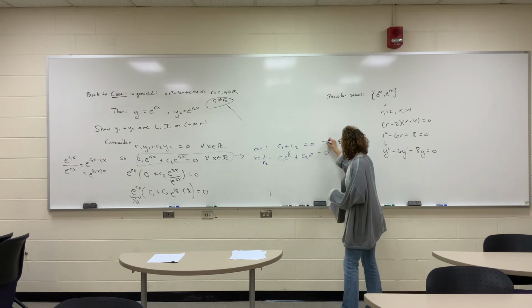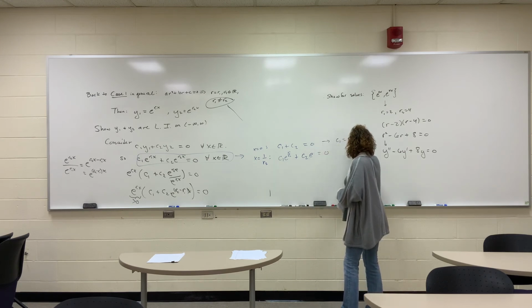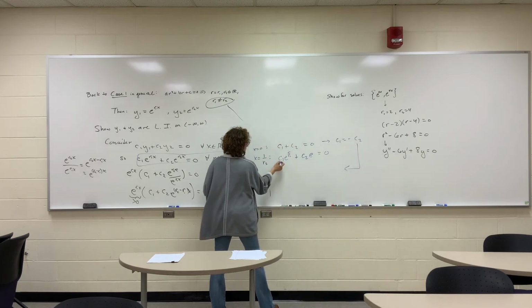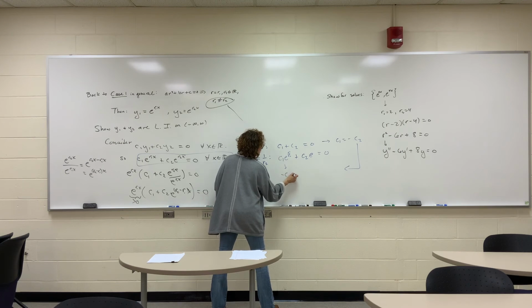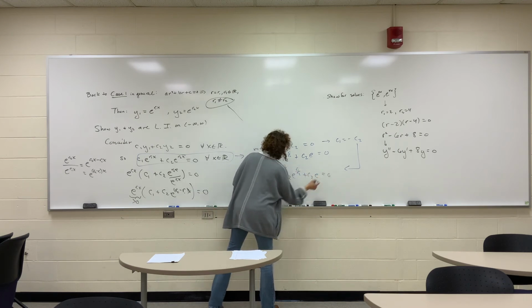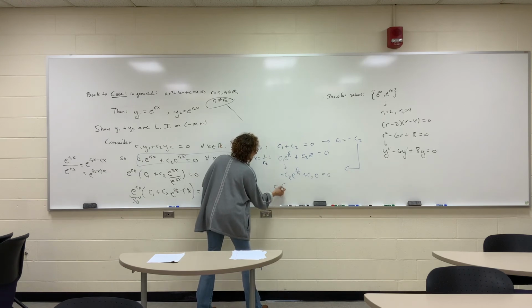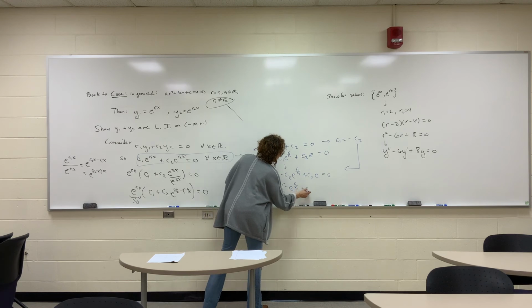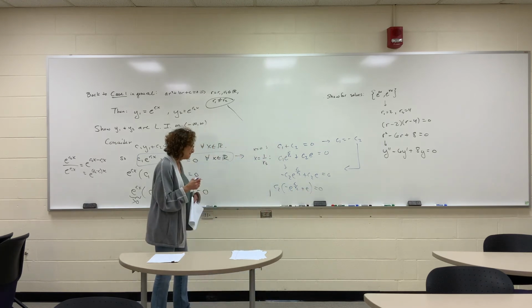Okay, well, what does this tell us? This says C1 is minus C2, just like before. We come down here and we put minus C2 in here. So minus C2 e to the r1 over r2 plus C2 times e is 0. What can we do? Factor out C2: C2 times (minus e to the r1 over r2 plus e) is 0, yeah?